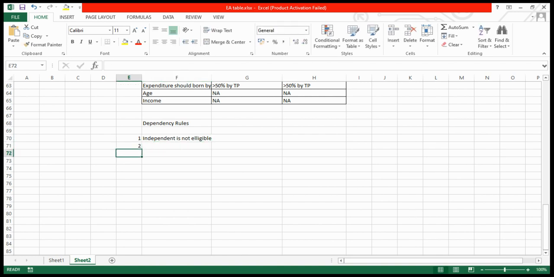Next point. In the case of MFJ, people who are filing MFJ can be part of dependents even though they filed an MFJ return, if they are filing that MFJ only for the purpose of claiming a refund.